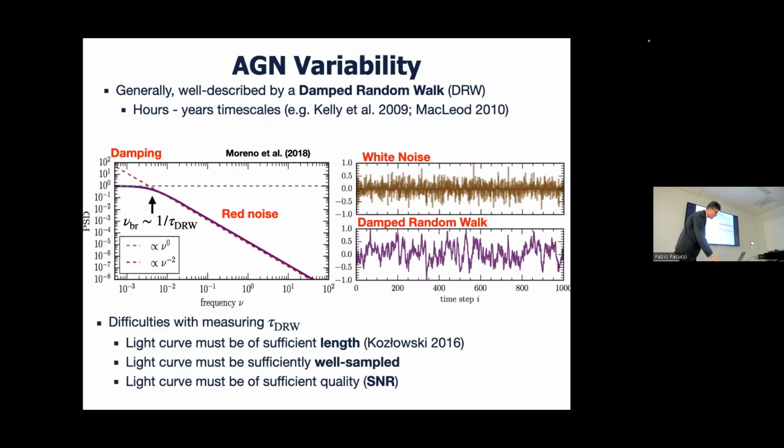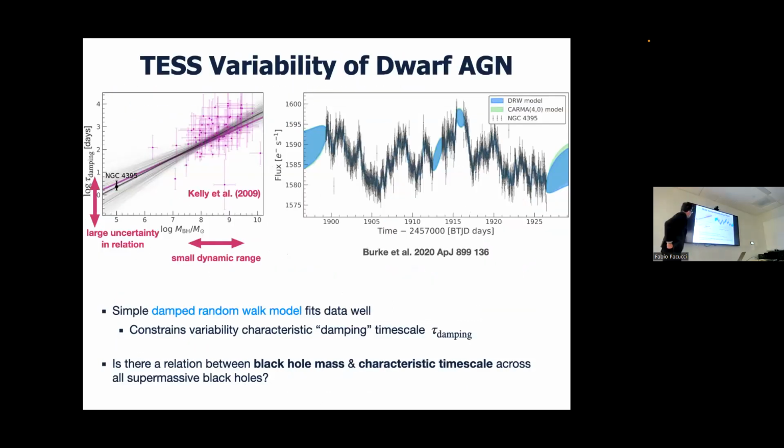Once we get the time scale from this light curve using the Gaussian process, it also allows us to get nice uncertainties, and it's all Bayesian, which is nice.